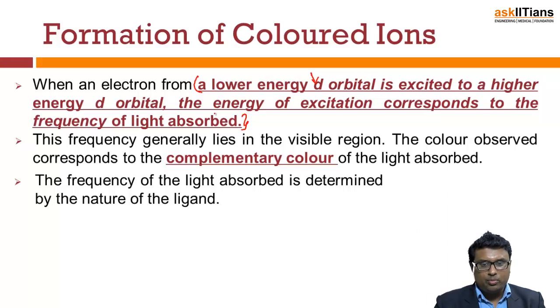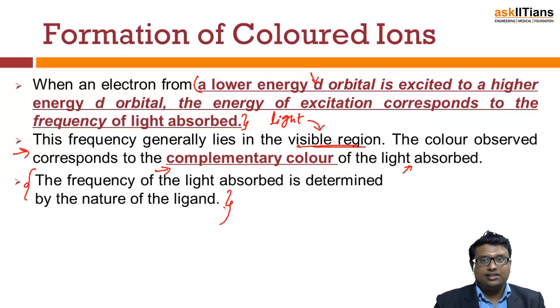So this is an important point. This frequency generally lies in the visible region. The light you are getting because of the excitation lies in the visible region. So the color observed corresponds to the complementary color of the light absorbed. The frequency of light absorbed is determined by the nature of the ligand.